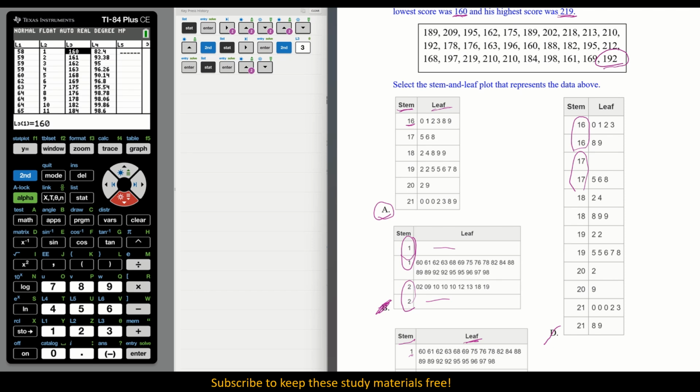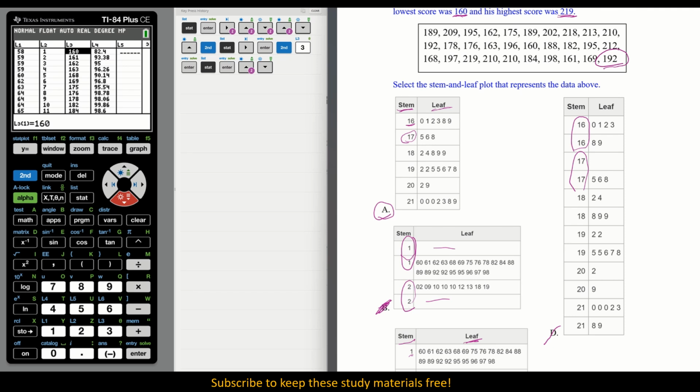We should have 1, 2, 3, 4, 5, 6 before it changes to the 17. And the ones place digits are 0, 1, 2, 3, 8, and 9. Perfect. You can go ahead and match them up, do this yourself, but you can see that A is the correct option. I wanted to go through the whole process with you with this simple one, so when they get more difficult, you can have an idea.